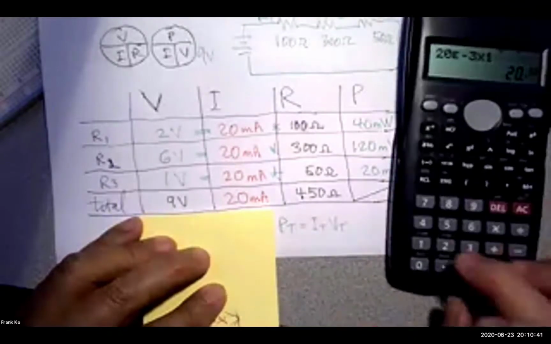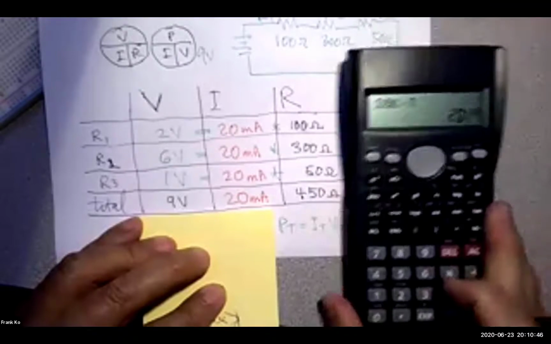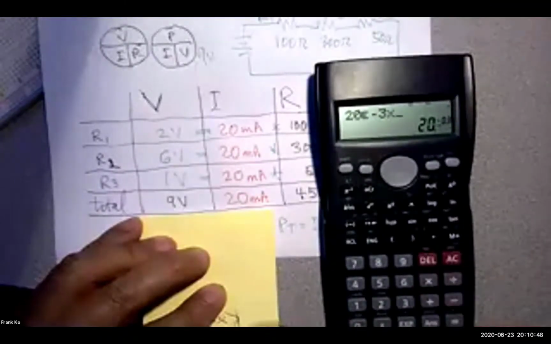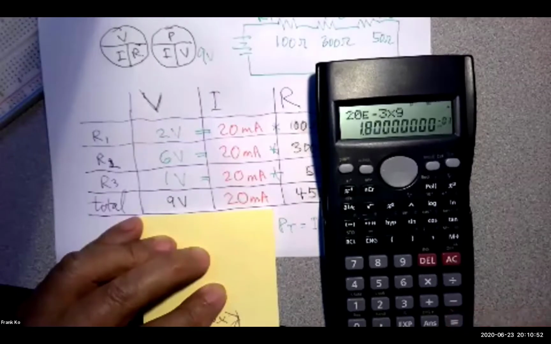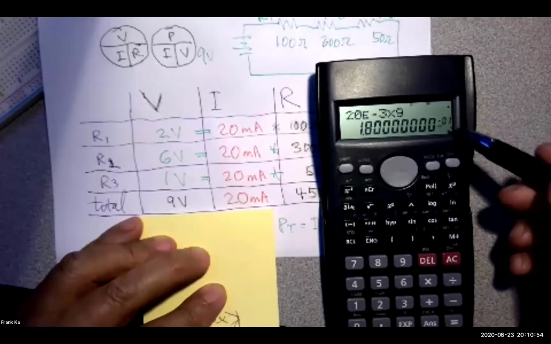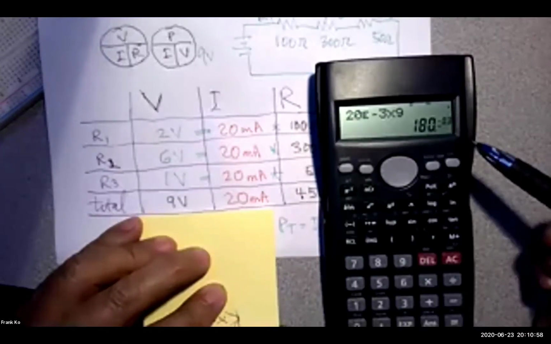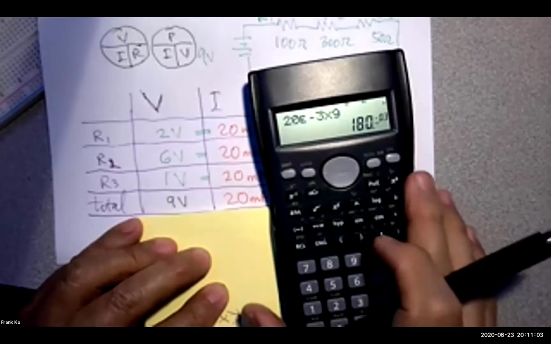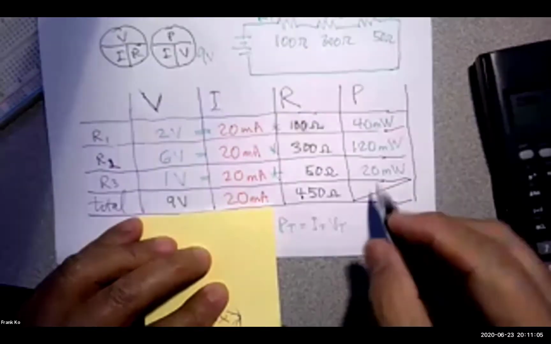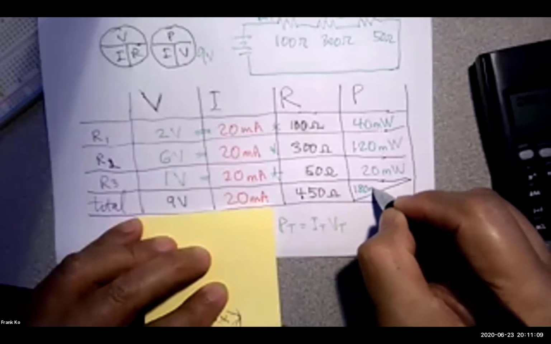So 20 exponent negative 3. And I'm going to multiply this by the 9 volts. I'm going to end up with, again, I have to hit my engineering key. How many milliwatts? According to this, 180 milliwatts. So I did a diagonal here because through Watt's law, I calculate 180 milliwatts.